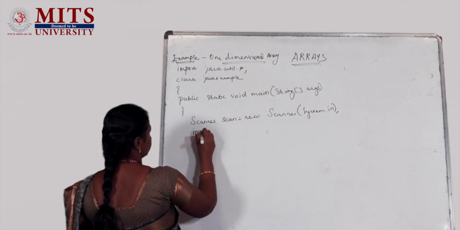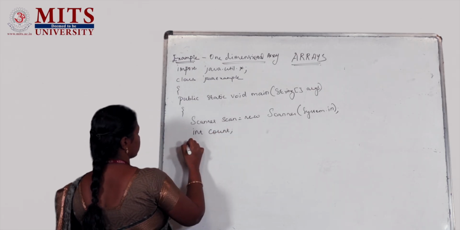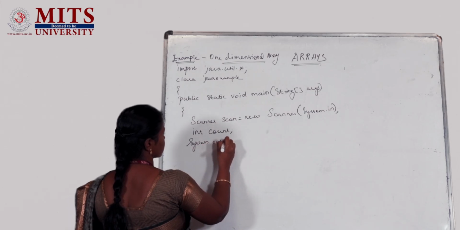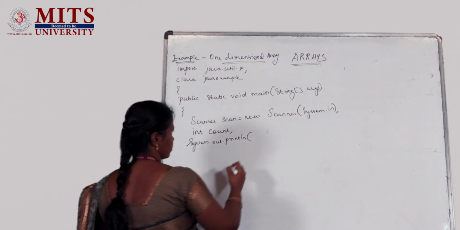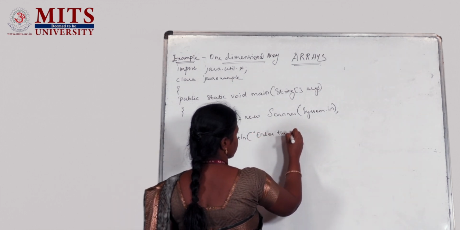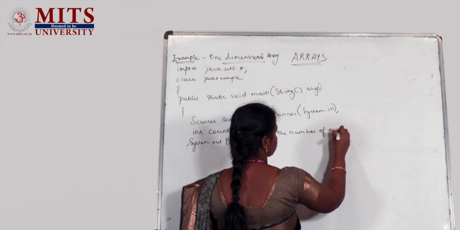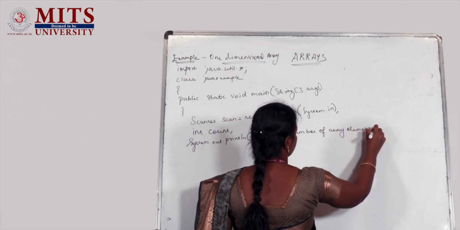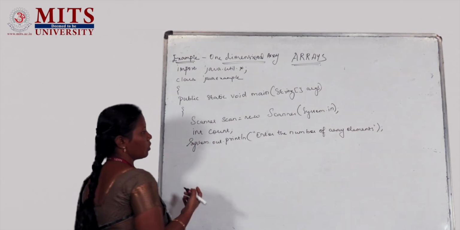Then we are going to declare one variable, count. First we will take the count of array elements so that accordingly we can initialize the array.